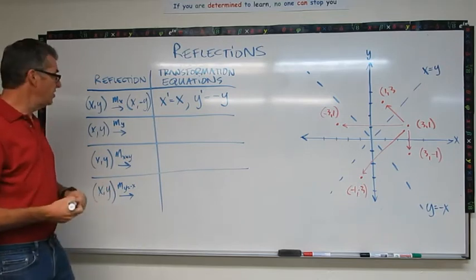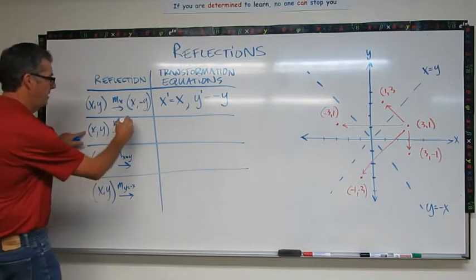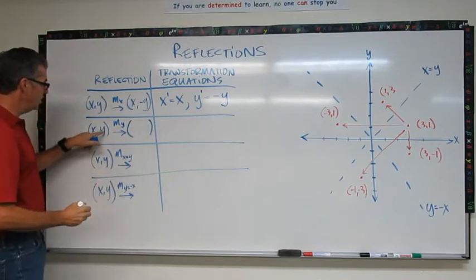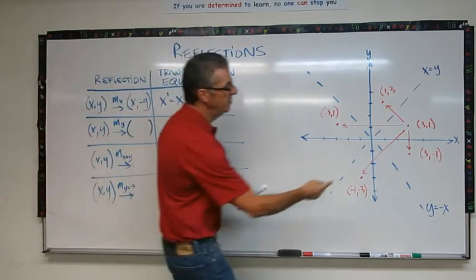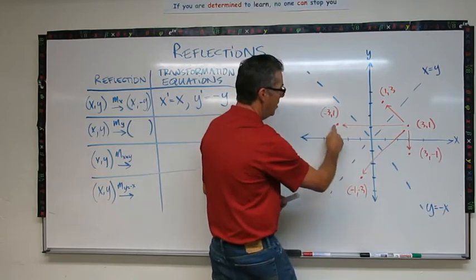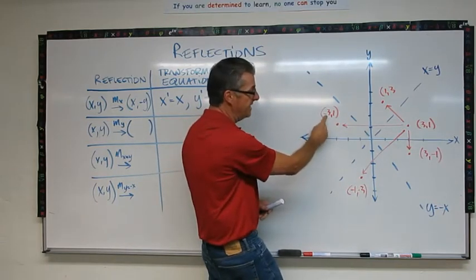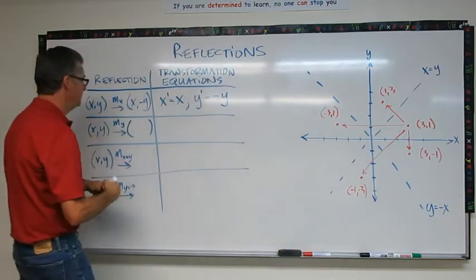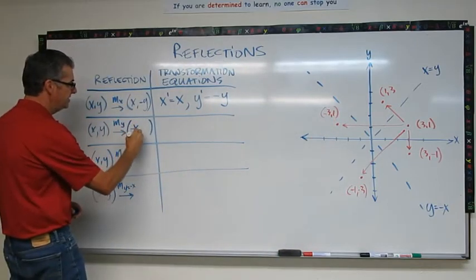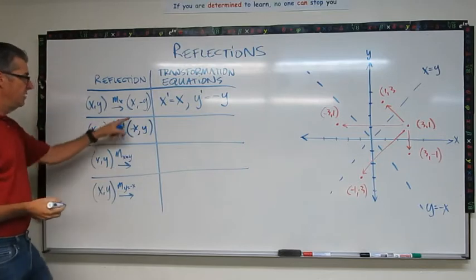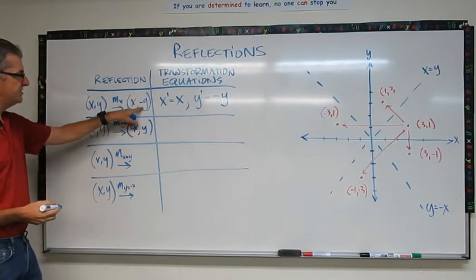Okay, so let's take a look. Reflecting across the y-axis, we went all the way across, and our x went negative, and our y stayed the same. So this is going to be negative x, y. So kind of like this one, but we just changed the x instead of the y.